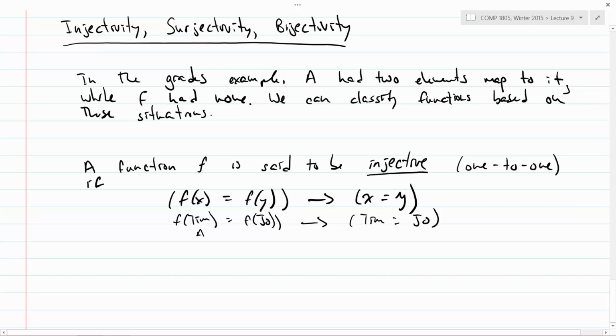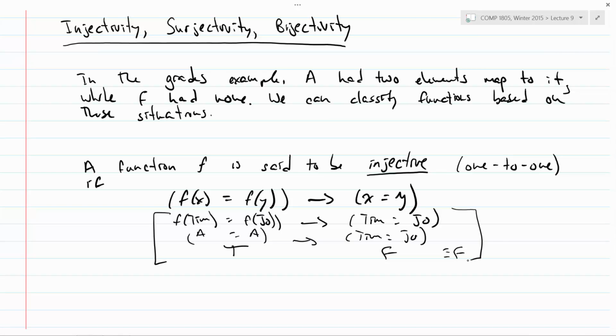Well, this is A equals A implies that Tim equals Joe. That's true, that's false. So this whole thing is false. So that means that grades function is not injective. It's not one-to-one. That's the same thing.